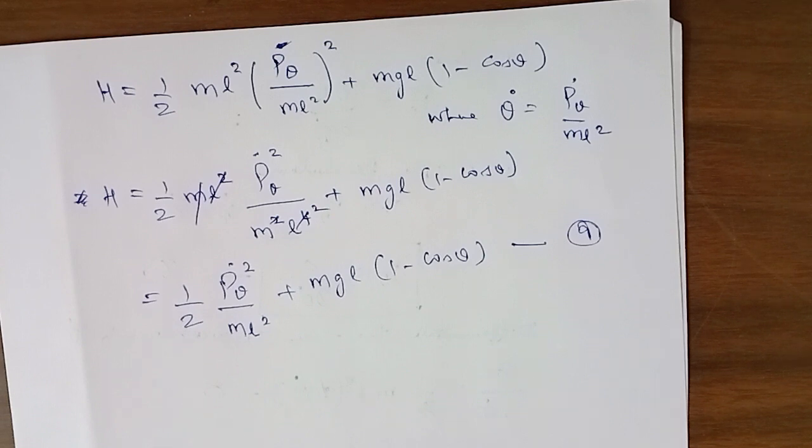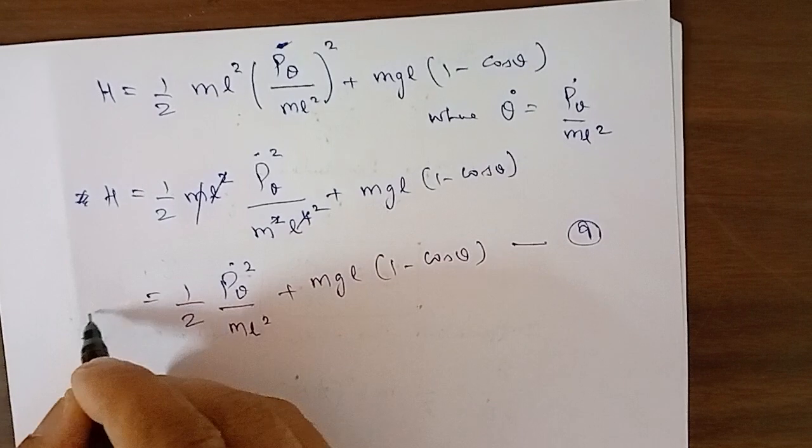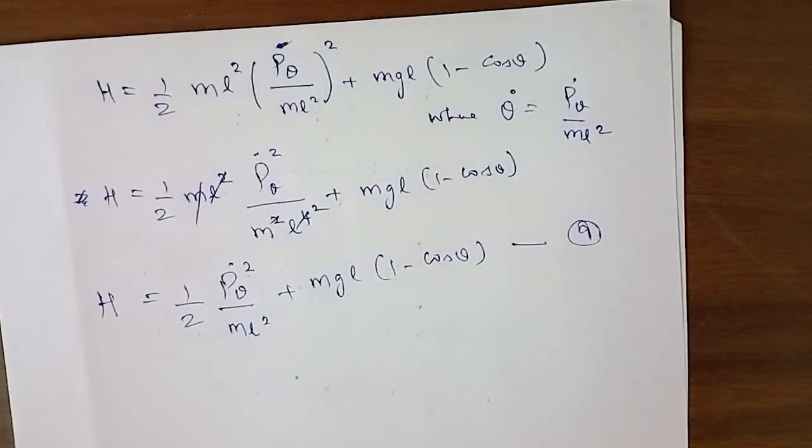So we calculated the kinetic energy, the potential energy, then the Lagrangian equation, equation number 5. Now I calculated the Hamiltonian H, represented by equation number 9.